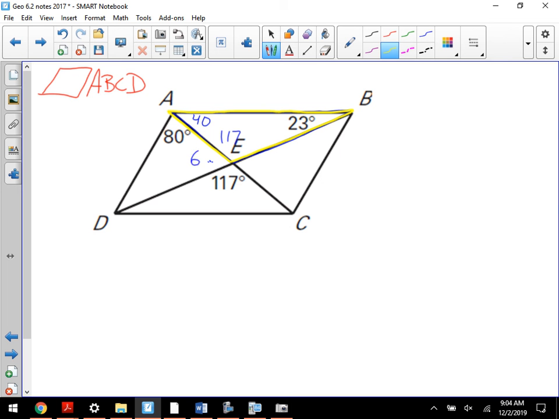So that gives me 63 here, which means this side is also 63. Now, 63 and 80 is how much? 143. If that's 143 between these two, how much is left for there?